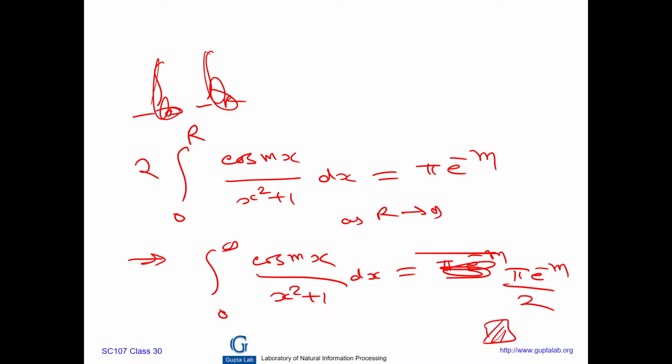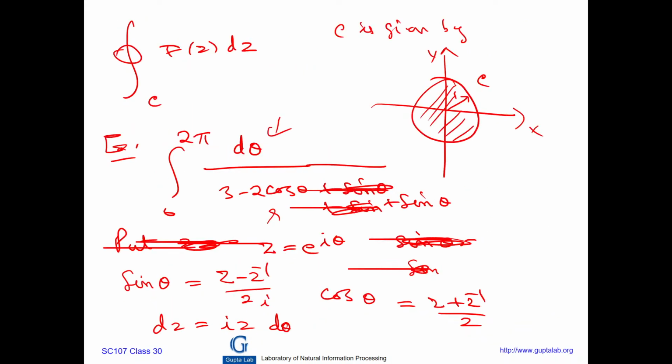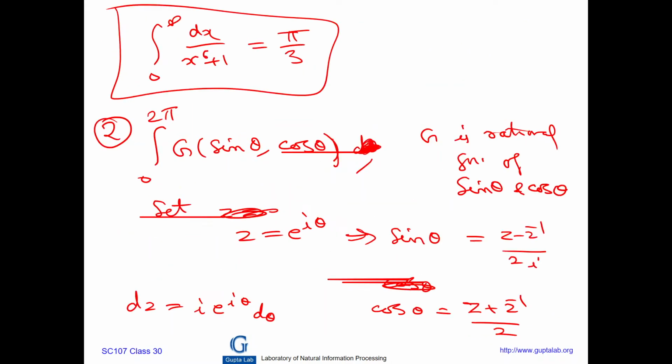So I think you got enough idea. One more application: we looked at three kinds of integrals. This is one case. This is the second case, when the function is of theta, d theta.